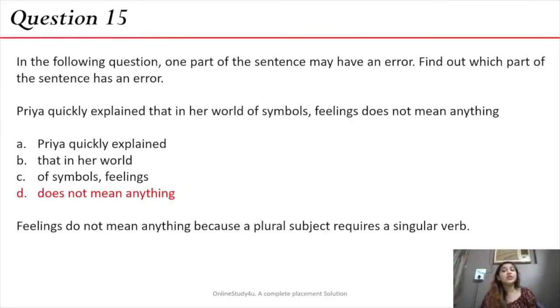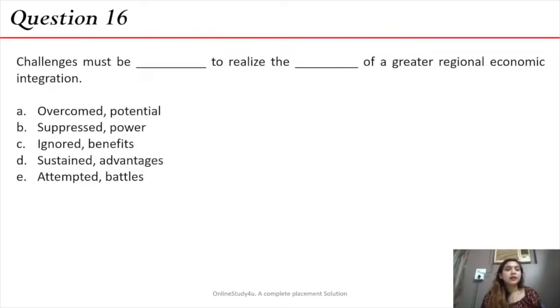So feelings is your plural subject, for which I need to use a different verb. So this is out of your subject verb agreement, that whether it's plural or singular, according to that we have to put in the verb. So it's not going to be does not, it's going to be do not. Do not mean anything. So D is your correct answer option.